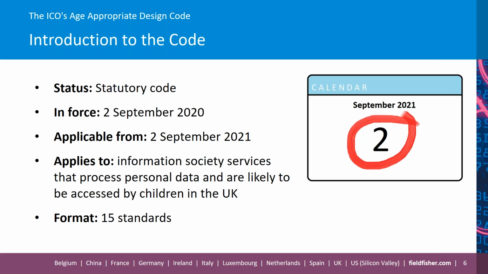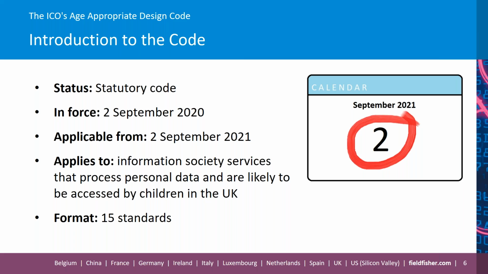So yes, to dive into some introduction to the code. The Age-Appropriate Design Code is a statutory code, and it came into force on the 2nd of September this year. It's going to be applicable from the 2nd of September next year. So those in scope should be getting compliant ahead of that date. It sets standards and explains how the GDPR applies in the context of children using digital services.